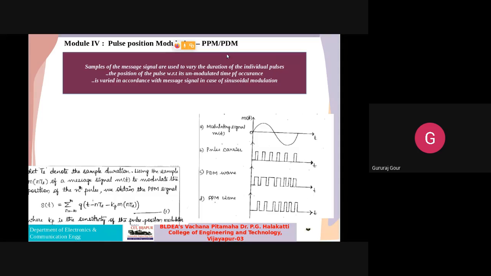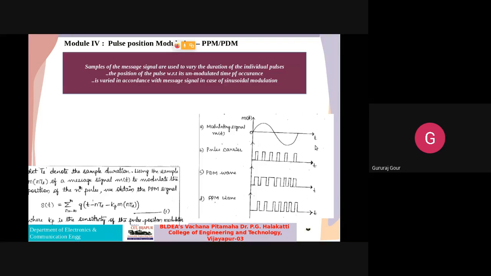If you vary the duration of the pulses, it is known as pulse duration modulation. And if you vary the position of the pulses of the carrier, it is known as pulse position modulation. There are two versions, pulse position or pulse duration modulation.